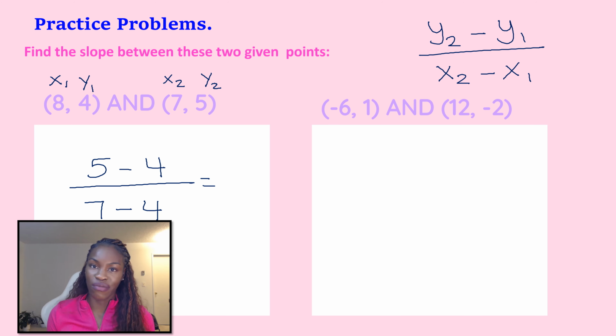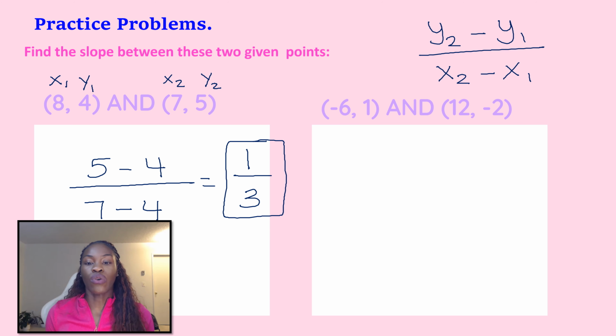Okay, and then we just simply subtract. 5 minus 4 is 1, and 7 minus 4 is 3. So our slope between these 2 points is 1 over 3. So our 1 is our rise, and our 3 is our run. And we'll later get into what that really truly means.